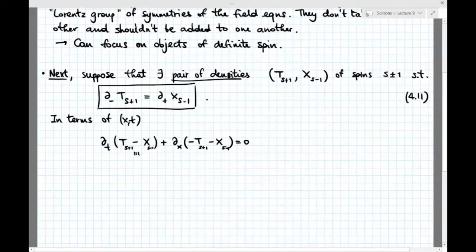So we can identify T_{s+1} minus X_{s-1} as the conserved charge density rho, and minus T_{s+1} minus X_{s-1} as the associated current J. So equation 4.11 is nothing but the continuity equation, or the local statement of the conservation law.